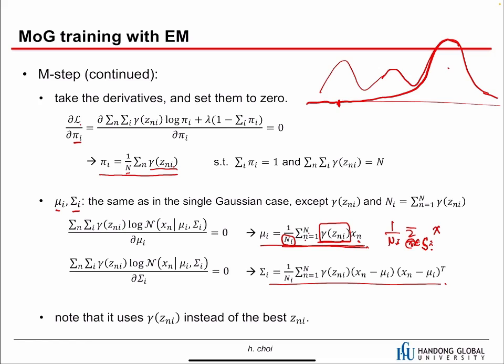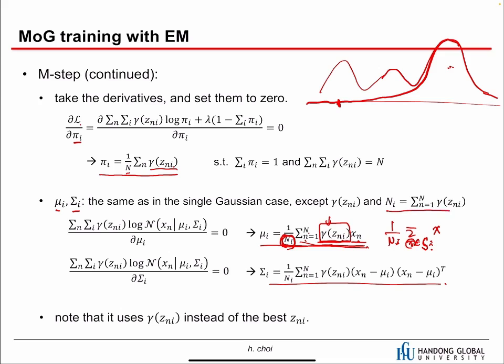So we have to check all the samples, but with different responsibility. In this case, the third component does not have much responsibility for these samples, so this one might be close to zero. But anyway, we have to check all the samples, and we divide this sum by n sub i.